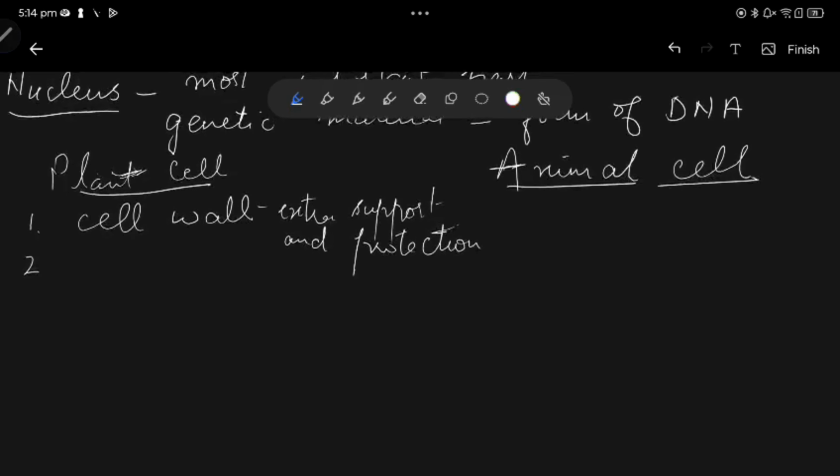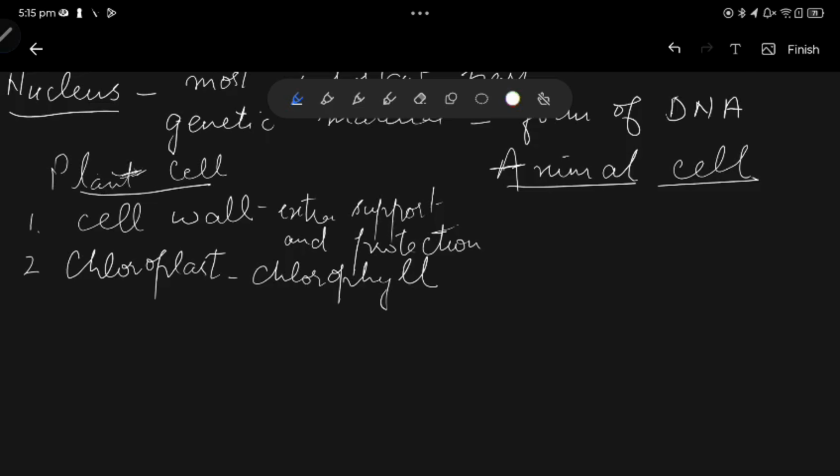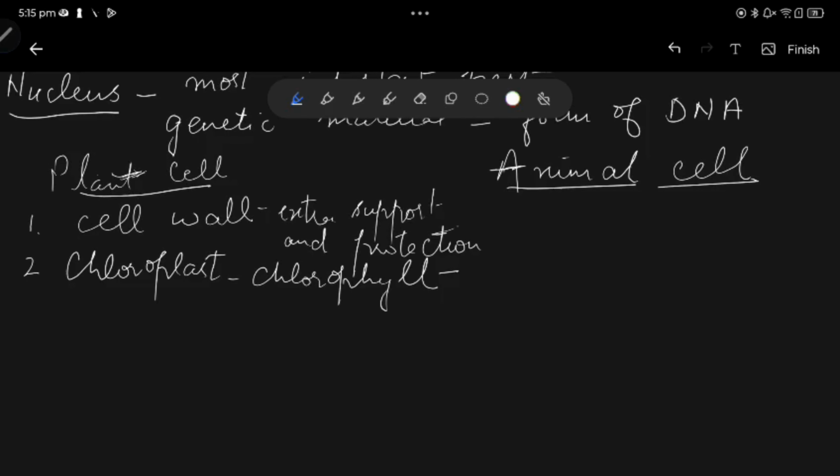Then there is another organelle inside a plant cell, that is chloroplast. Chloroplast contains chlorophyll, a green colored pigment which helps plants to carry out the food making mechanism, that is photosynthesis.